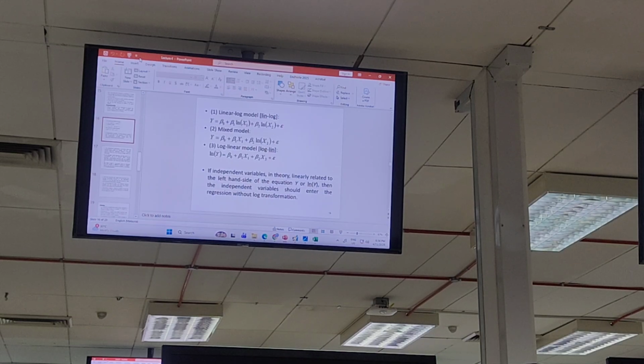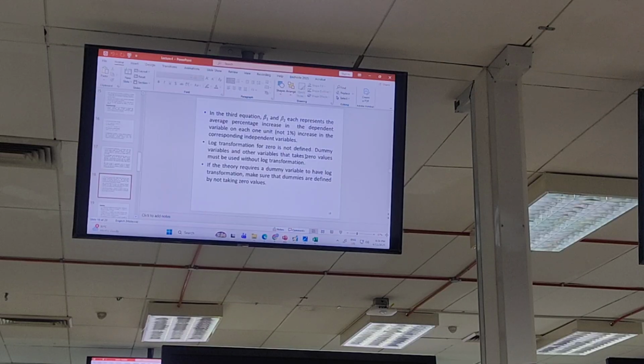That's a W variable. Okay, 1 or 0: 1 if the event is present, 0 if not. So do not apply log on the variable, because you cannot log 0; you cannot get values.